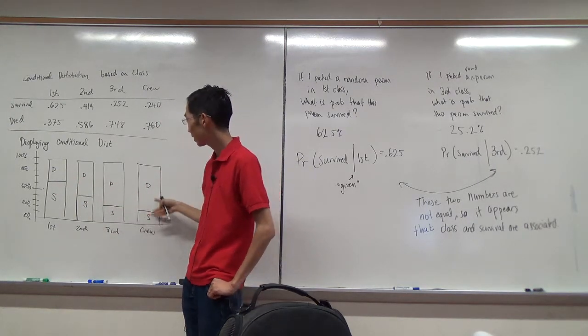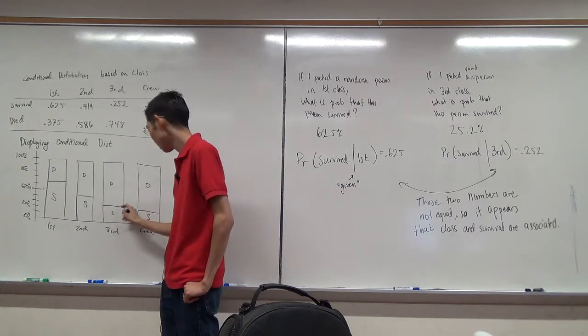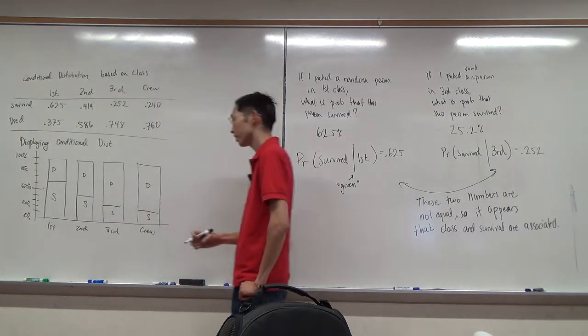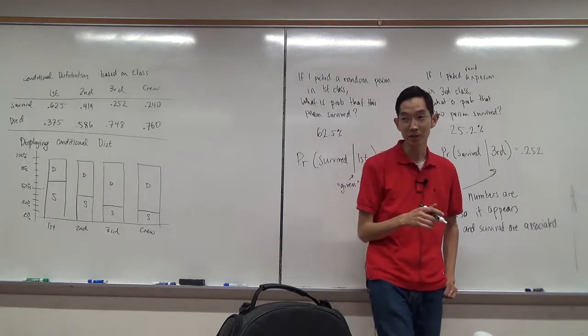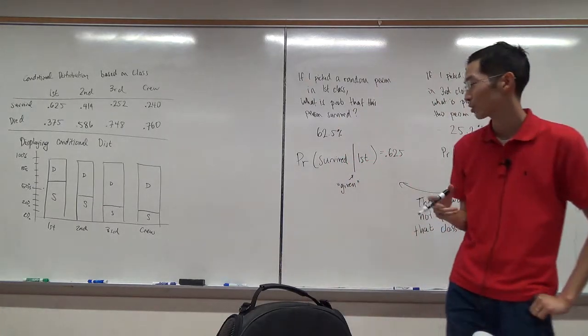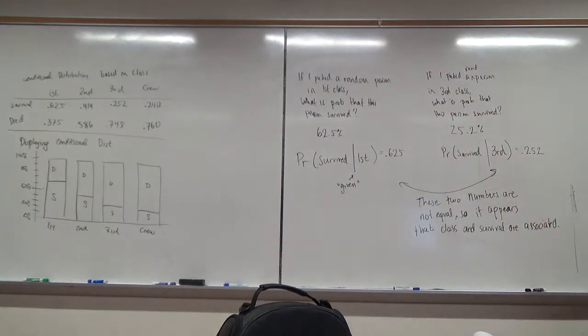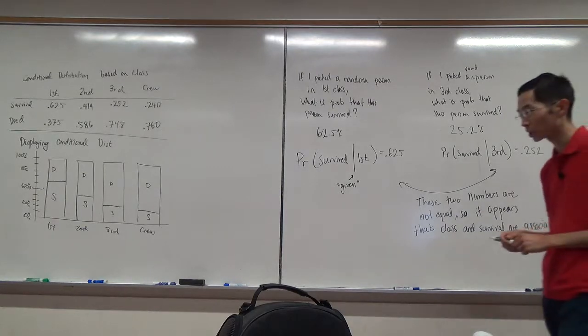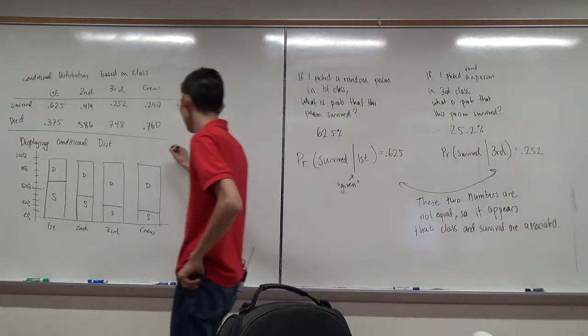Whereas crew members and third-class passengers seem to have similar rates of survival. We have 25% versus 24%. We would see that in the segmented bar chart. I forgot to write that. This is called the segmented bar chart.